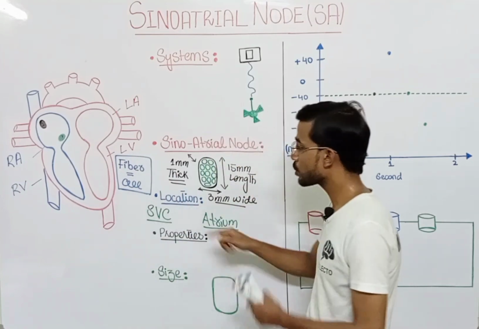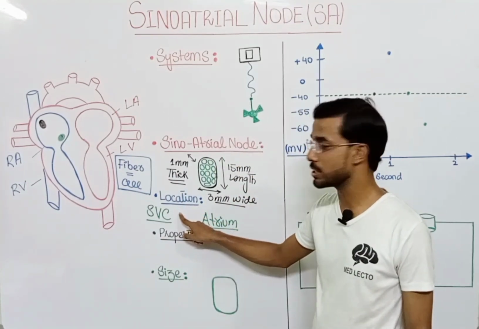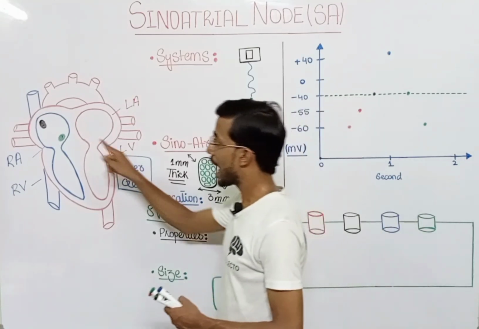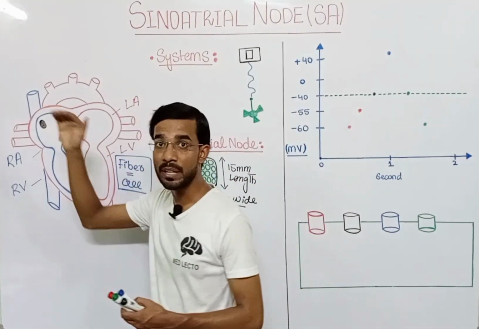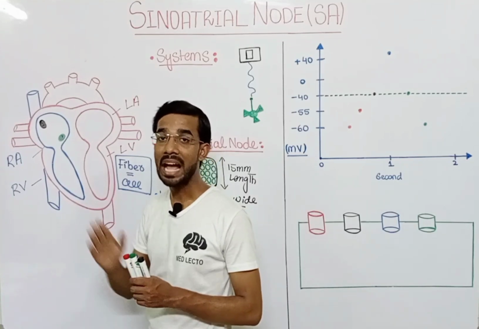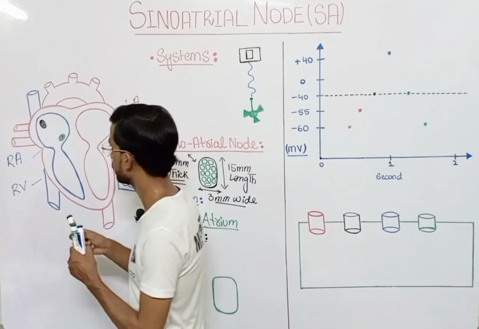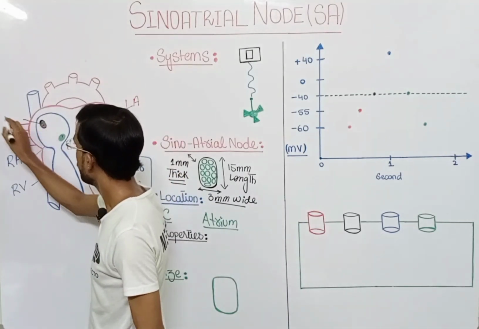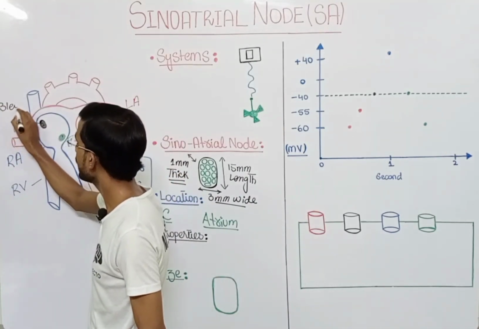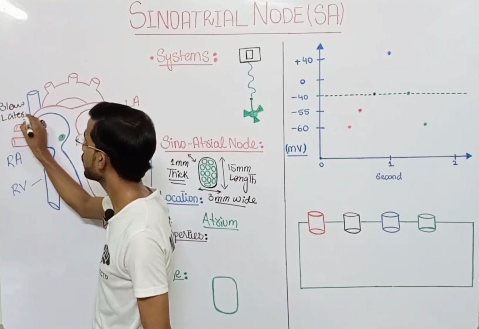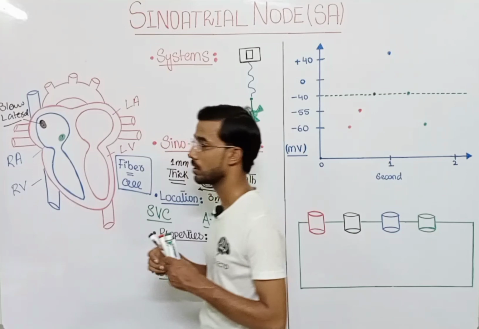Okay. So first of all, we decide the location of the SA node according to the superior vena cava. The SA node is just below the superior vena cava and slightly lateral. So that's very much important. So below and lateral to the superior vena cava.